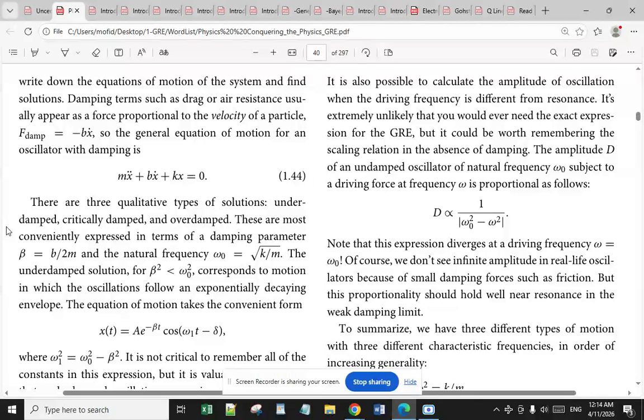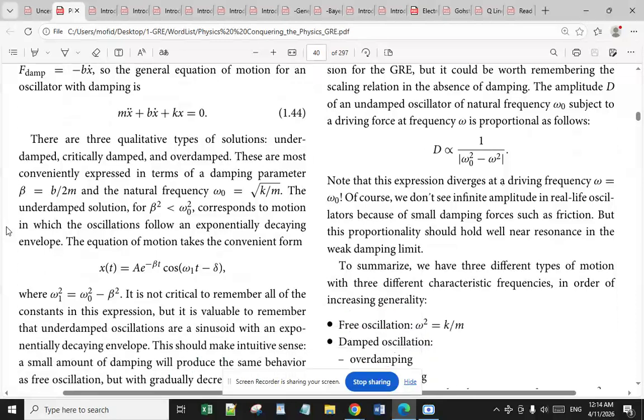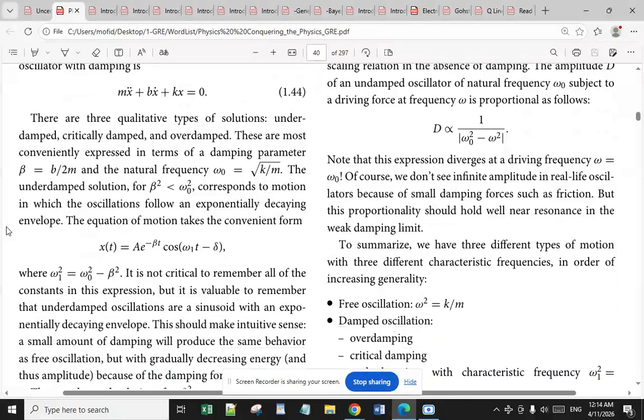The equation of motion takes the convenient form x(t) is equal to A e to the power of minus beta t cosine of omega 1 t minus delta, where omega 1 squared is equal to omega 0 squared minus beta squared.